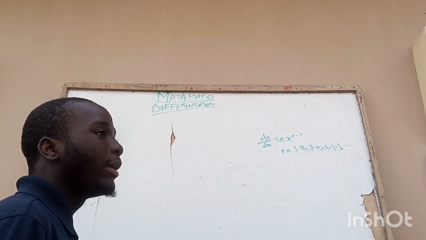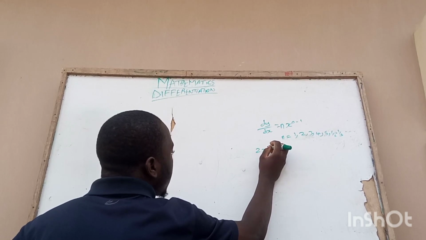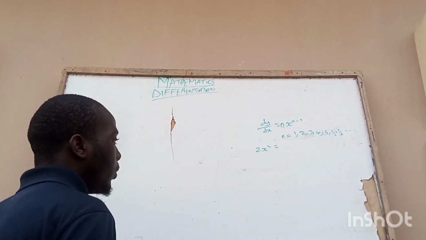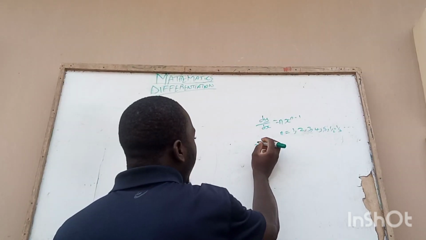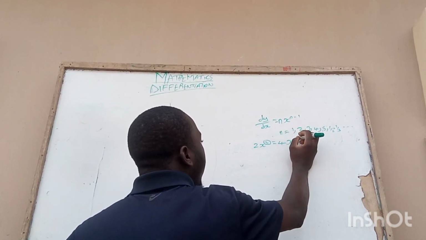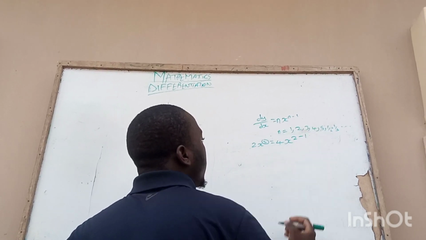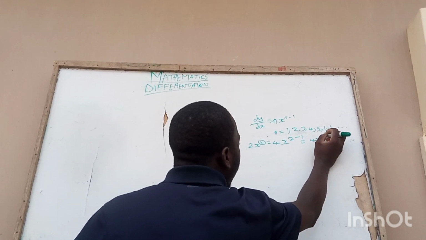So if we are given a question, let's differentiate 2x squared. We just say n multiplies this, so we have 4x raised to power 2 minus 1. That is going to be 4x raised to power 1.